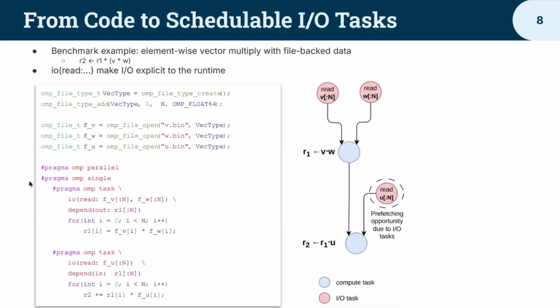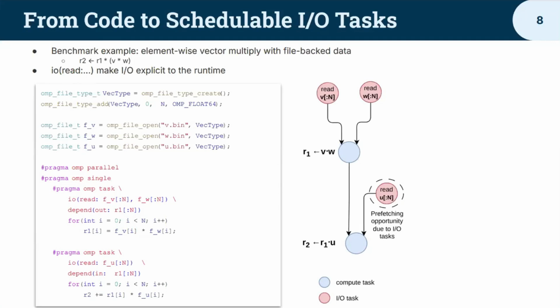Here is a smaller kernel with the task graph on the side. This is the one that I'm going to show you the benchmark on. So it's a simpler one, but it still has some prefetching opportunities that only appear because the runtime is aware of the IO operations and knows that they are IO operations. So here we're doing element-wise multiplication over three arrays, actually, and saving the scalar result.